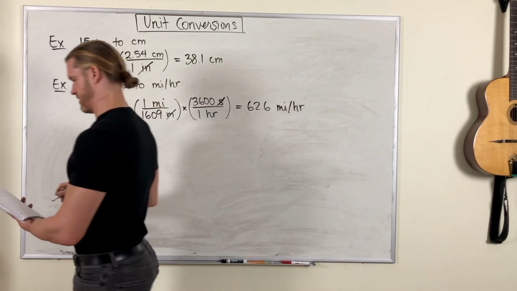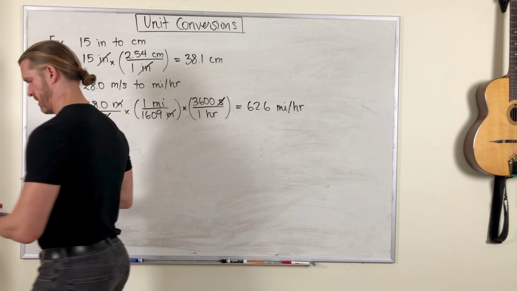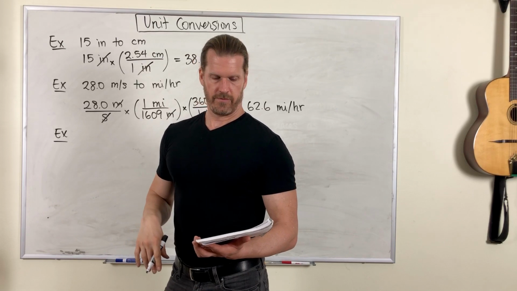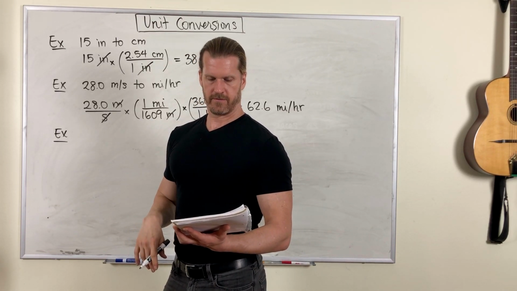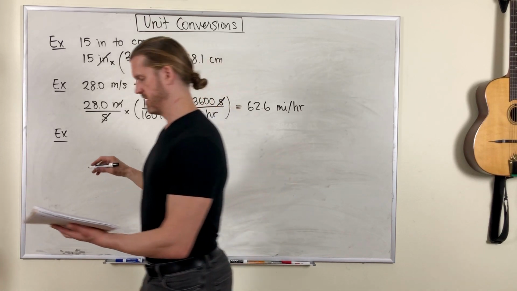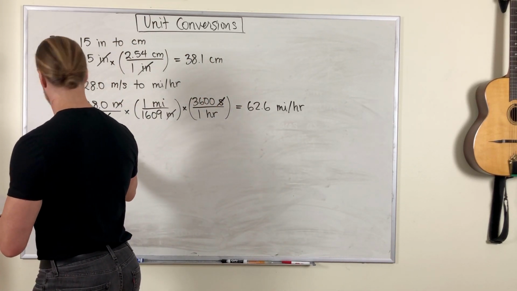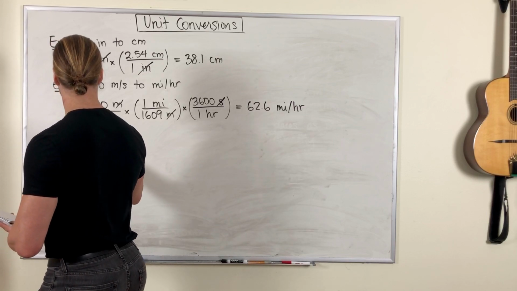Let's do another example. This is converting accelerations. So an acceleration is a quantity with dimensions of length per time squared.